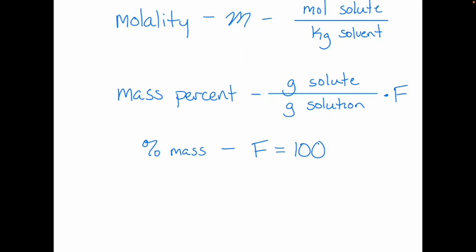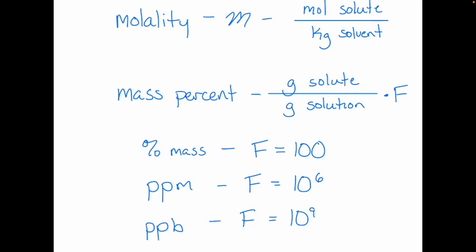The other one is used mainly for very teeny tiny amounts, specifically if you're talking about the amount of lead that's allowed to be in drinking water, which would be parts per million. This is where F takes a value of 1,000,000. Or even smaller, parts per billion, where F takes a value of 1,000,000,000, 10 to the 9.